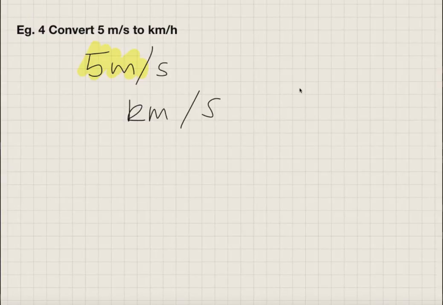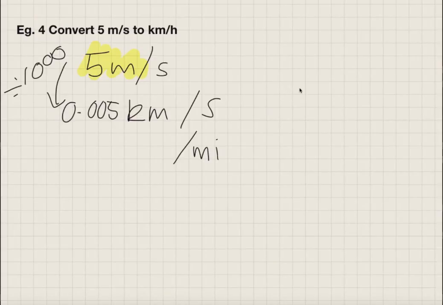Meters to kilometers, we're going from a small unit to a big unit, which means that we need to divide by what? Divide by 1,000. So using your calculator, 5 divided by 1,000, and we should get 0.005 kilometers per 1 second.